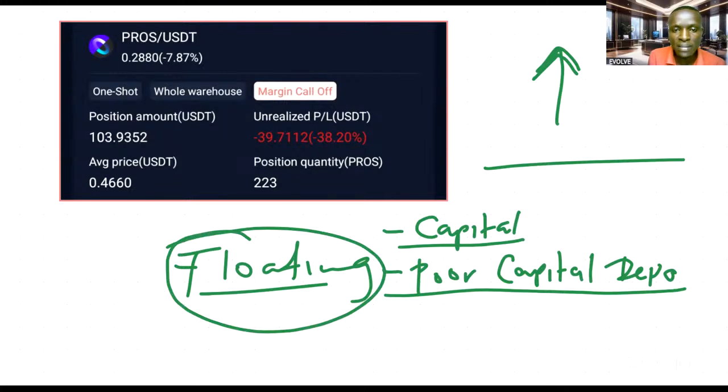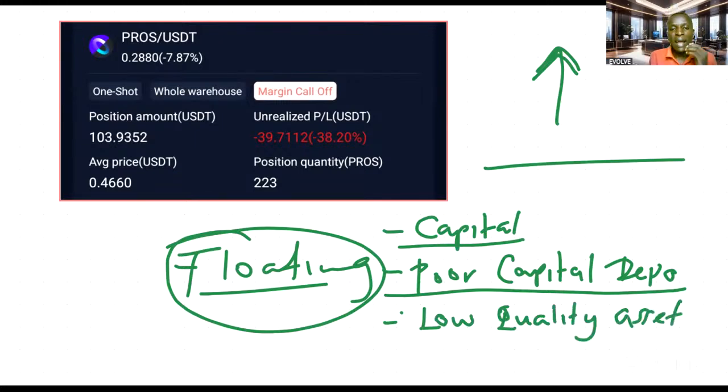Reason number three, trading low quality coins, low quality assets. These are the three reasons that can keep you long in the market, that can cause you to have abnormal floating loss.